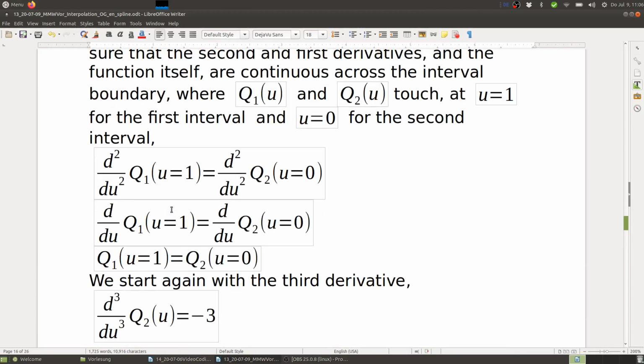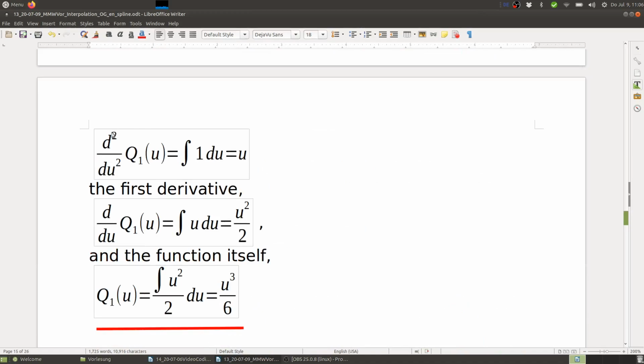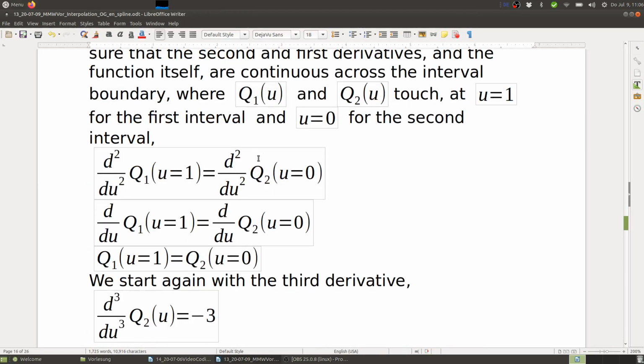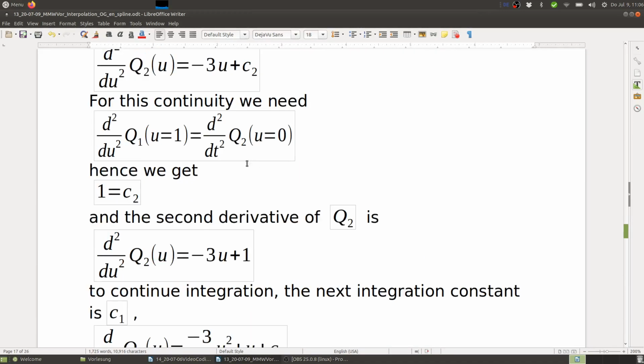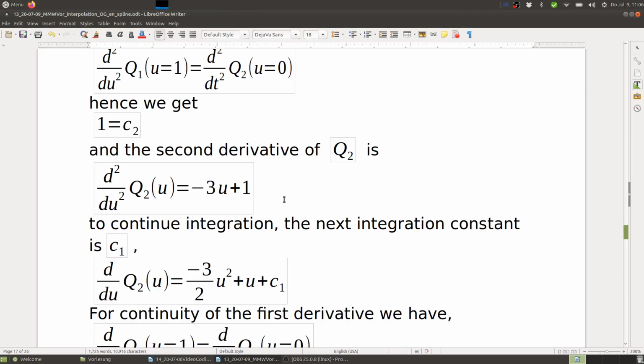When you look back here, the second derivative of q1 was u, and if u equals 1, then it's 1. So this expression is 1, and if you plug in u equals 0 here on the second derivative, then this part disappears and c2 is left, so hence we have 1 equals c2. Right. So that's good. So now we have our second derivative as minus 3u plus 1. So that now includes the continuity.